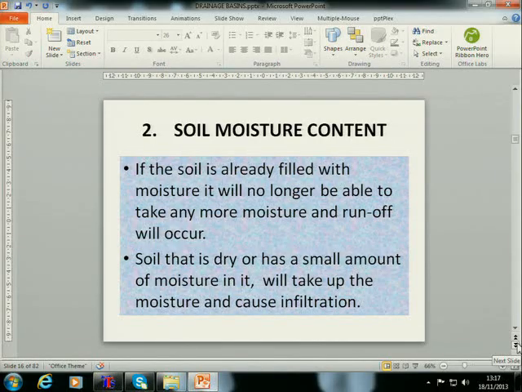The next factor is the soil moisture content. If the soil is already filled with moisture, it will no longer be able to take up any moisture, and then naturally the water will start running off at the top because the ground is full, to put it in straightforward words.